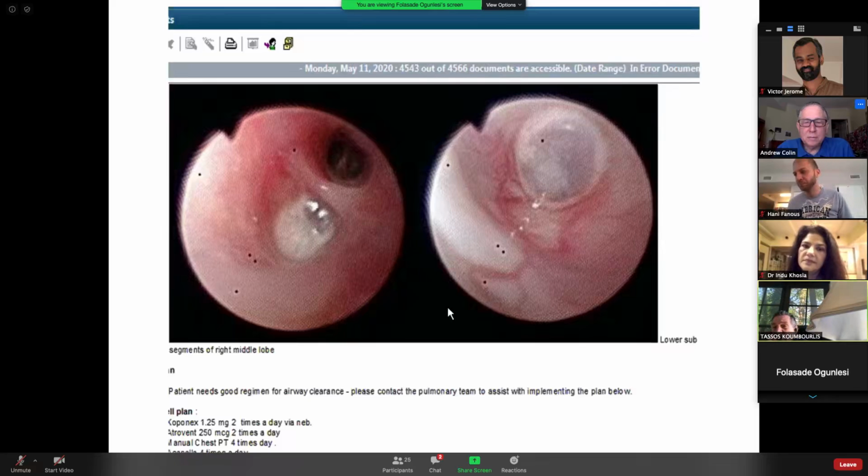The only organism that we had for this girl was adenovirus that had happened actually long before she presented with a rapid deterioration. So we don't really have a mechanism.